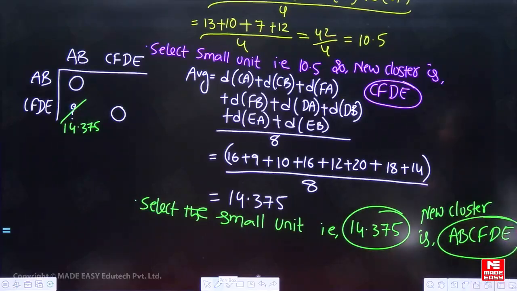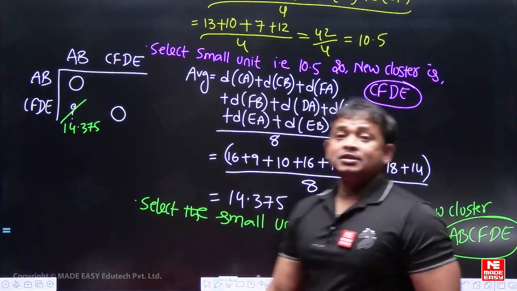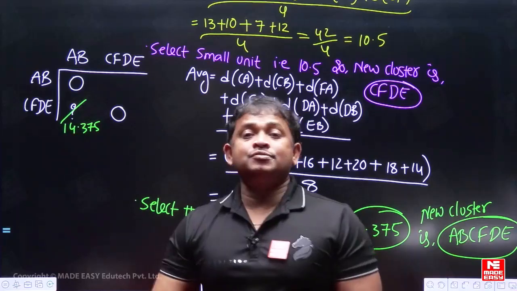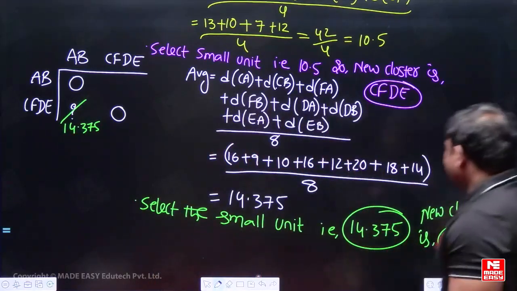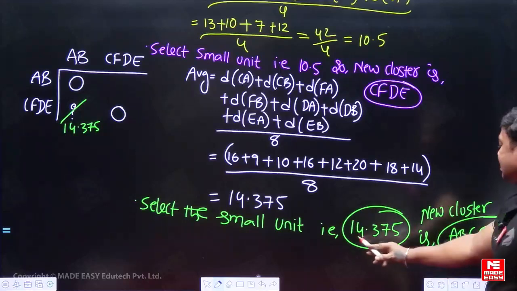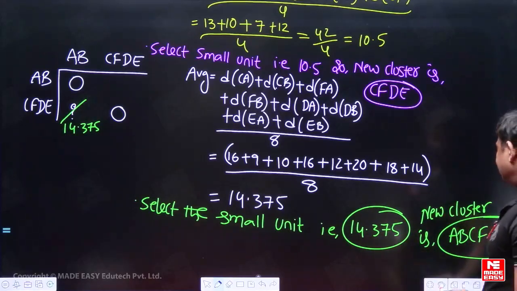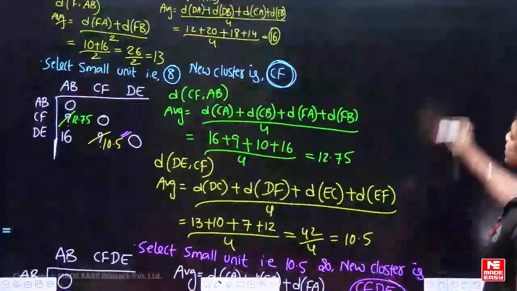This is the new cluster. Then after that, the distance matrix becomes 0. When the distance matrix is 0, stop the process. So if you want to draw the dendrogram, the highest value is 15 only.